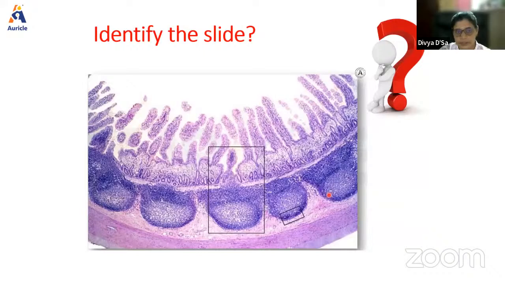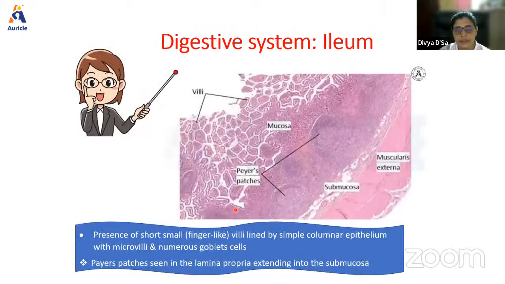Okay, small intestine. Now here when we see, the villi are all decreased, there is a larger amount of goblet cells present. And here we see there is aggregation of these lymphatic follicles. Okay, so when we see this structure, what should come to our mind? That it is ileum. Okay, so they are small finger-like villi which are lined by simple columnar epithelium, and these aggregations of lymphatic follicles.